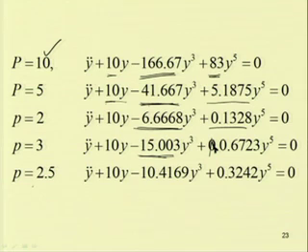So, by choosing p equal to 2.5, we got almost the cubic order term to be the same as that of the linear part. This is 10.412969. So, this equation becomes y double dot plus 10 y minus 10.4169 y cube plus 0.3242 y to the power 5. So, this way by taking different values of p, we can write the same equation in different forms.